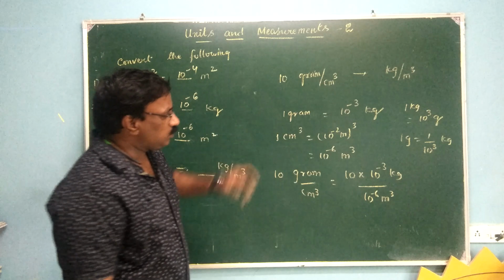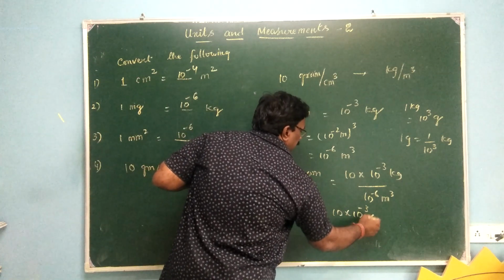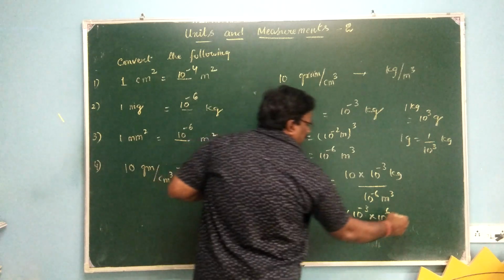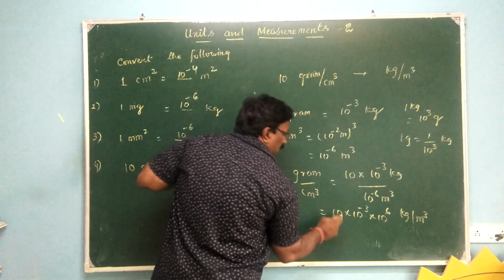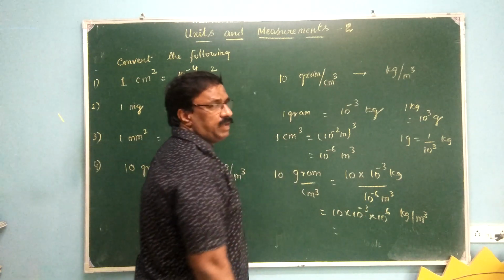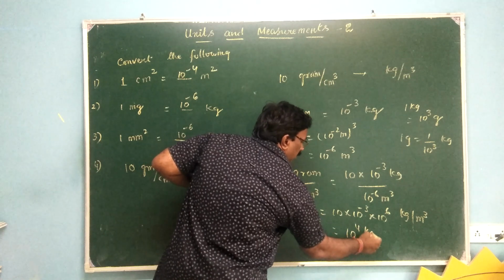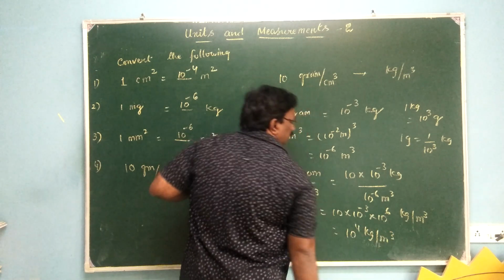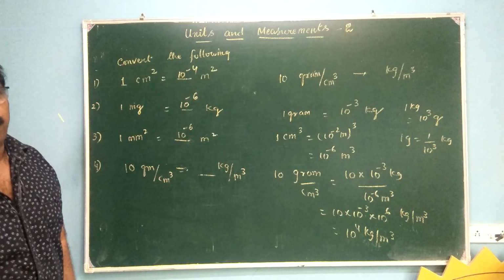So 10 power minus 6 going up becomes 10 into 10 power minus 3 into 10 power 6 kilogram per meter cube. This comes out to be 10 power 7 into 10 power minus 3, 10 power 4 kilogram per meter cube. So 10 gram per centimeter cube is 10 power 4 kilogram per meter cube.